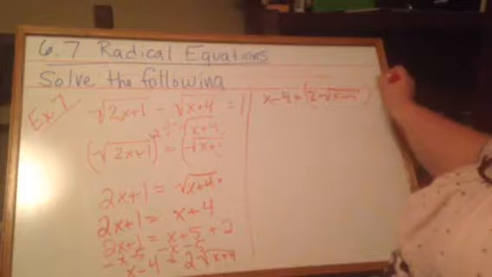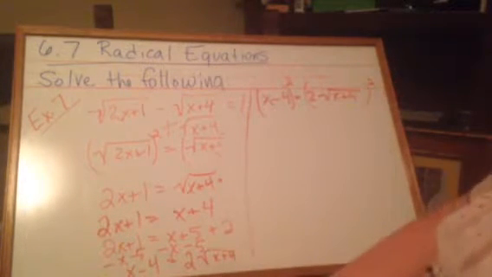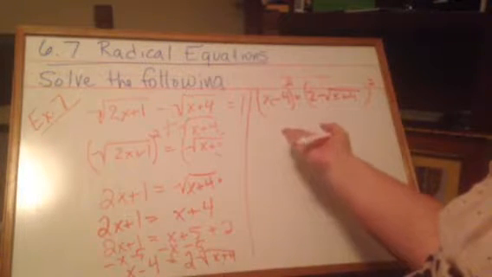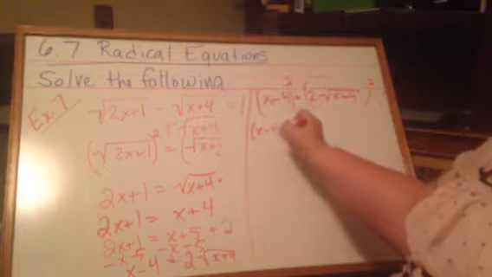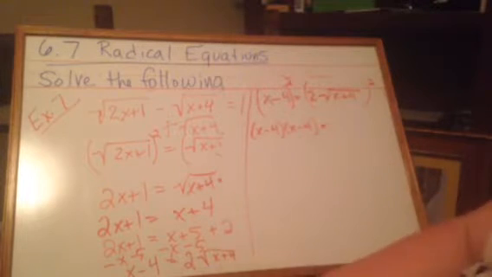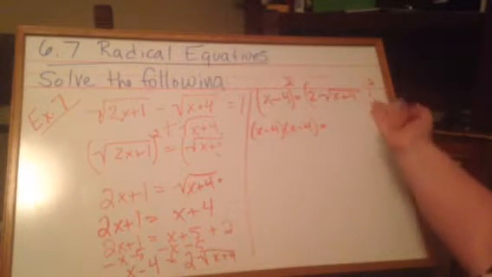We need to square this side, so we're also going to have to square this side. All right, so this x minus 4 squared is a binomial times a binomial. So that's x minus 4 times x minus 4. And inside here, we have to square both the 2 and the square root.